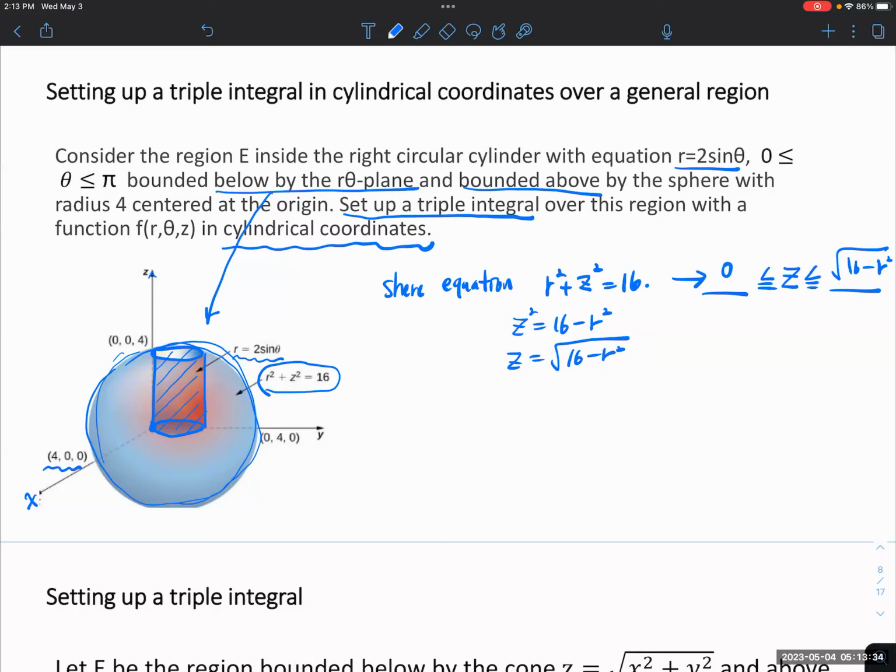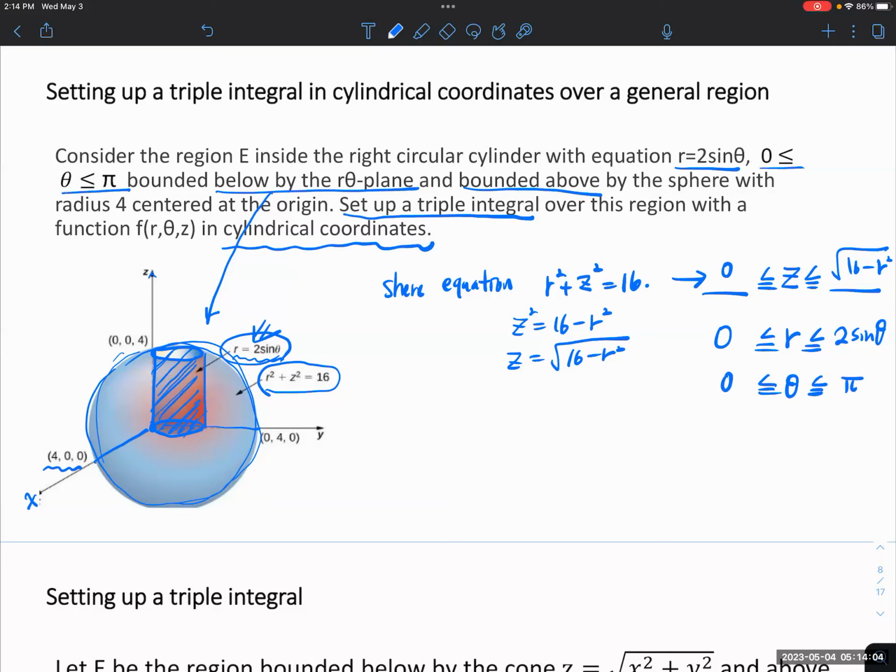So now we need to think about the r variable. We don't need to consider this larger r, because we are looking for this region. So r is going to change between 0 and 2 times sine theta. And then theta is the last one. They say from 0 to pi.